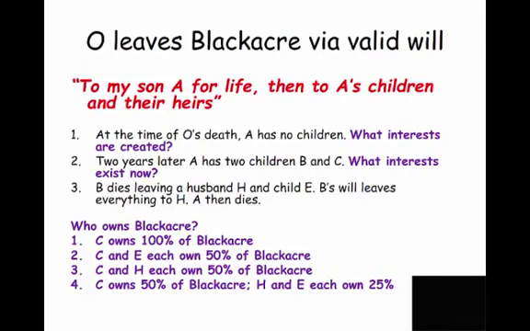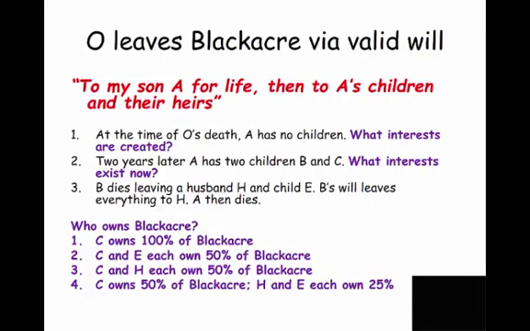So if B dies, leaving a husband H and a child E, and B's will leaves everything in her possession to H, and then A dies, C still owns the vested remainder that C had upon birth, and B's vested remainder has passed via will to H. So that C and H will each own 50% of Blackacre.